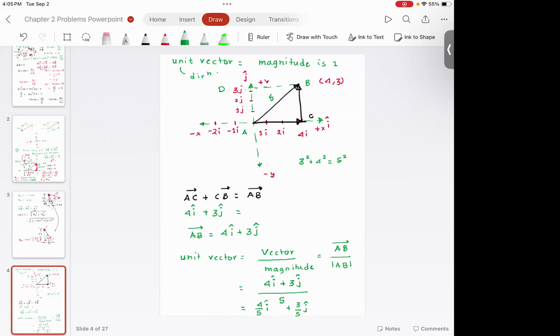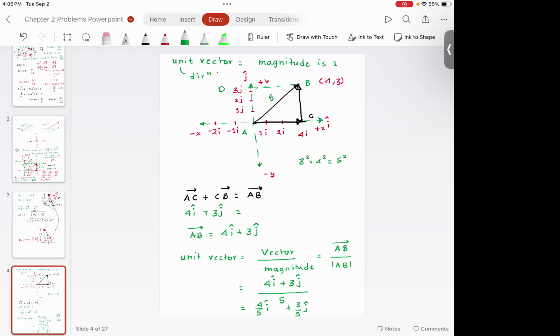You agree with me? You can ask me, what is this 4 by 5 i and 3 by 5 j? This is so important for you to know. This represents the orientation of this vector with respect to the x axis.